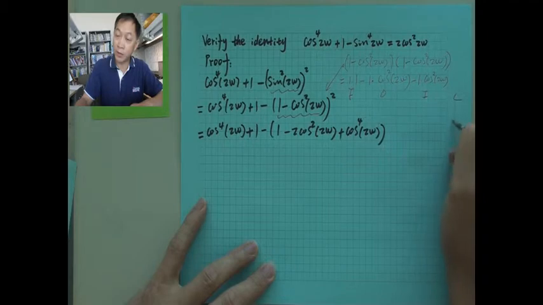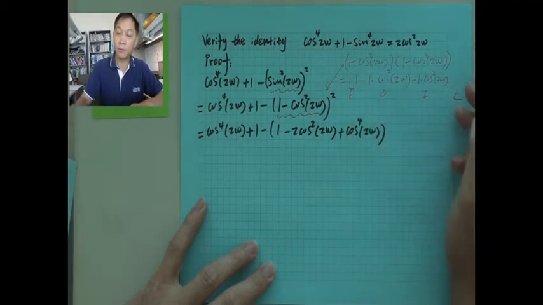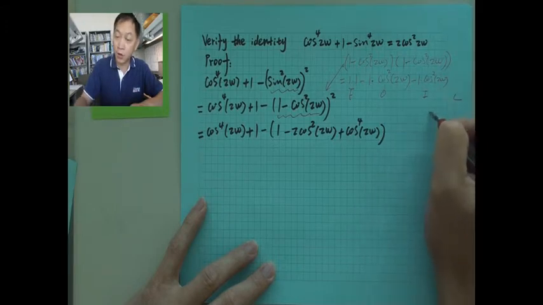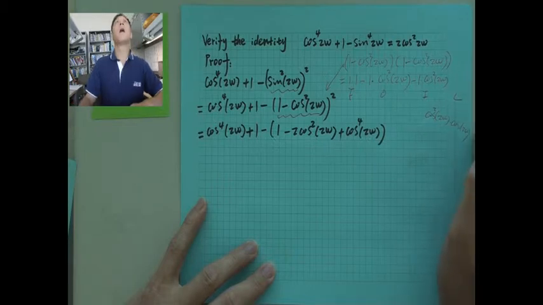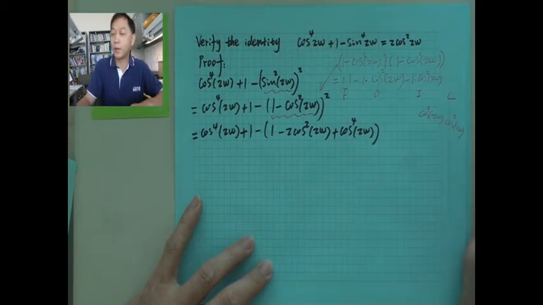Last one is negative, negative, so then you get positive. And then you have cosine 2 omega squared times cosine 2 omega squared.